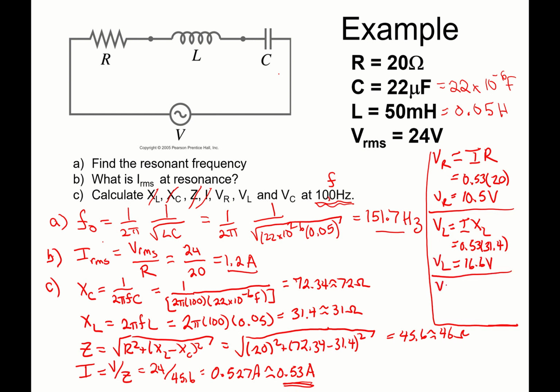And finally, VC is going to be I times XC. So 0.53 times 72.3. And I get that the voltage is 38.1 volts.